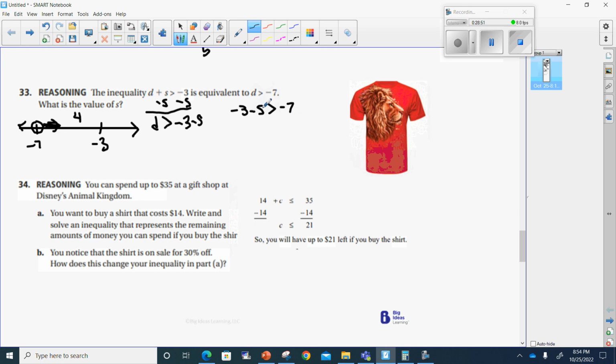Remember, this is an S, not a 5. All right. So now I'm going to have to combine my like terms. So I'm going to add 3 to this side. Sorry. Which means I'm going to add 3 to this side.